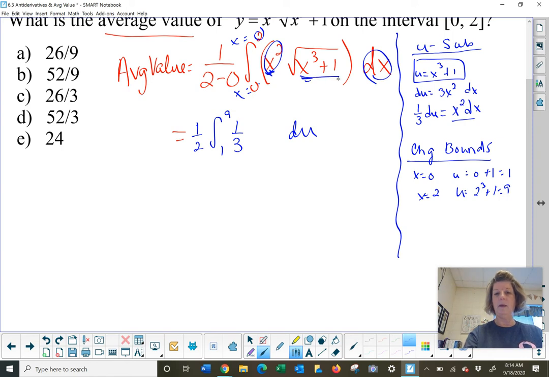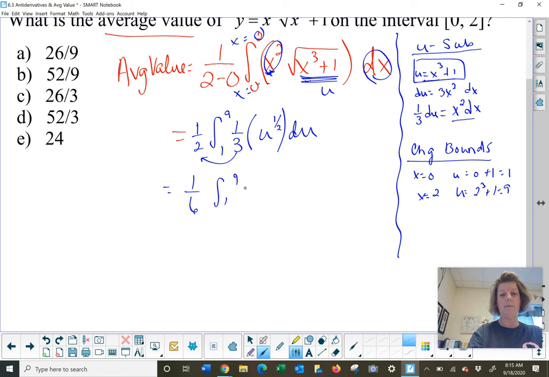And then this portion right here is our u. We said let u equal x cubed plus 1, so we get u to the 1/2. With the scalar, I can move it out front and get 1/6 integral 1 to 9 of u to the 1/2 du.